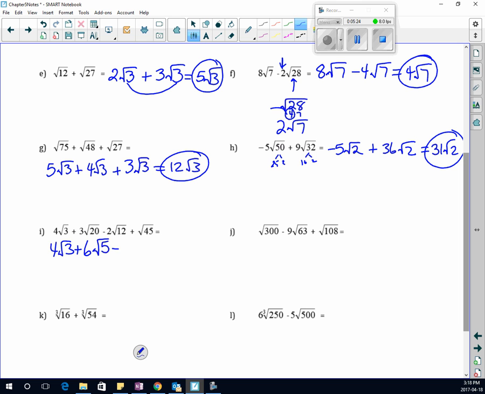So that's minus 4 root 3. And a 9 can come out of 45 as 3 root 5. So in this case, we have 4 root 3 and a minus 4 root 3, which actually will just cancel. And then we have like radicals of root 5, 6 root 5, and a 3 root 5 is a 9 root 5.